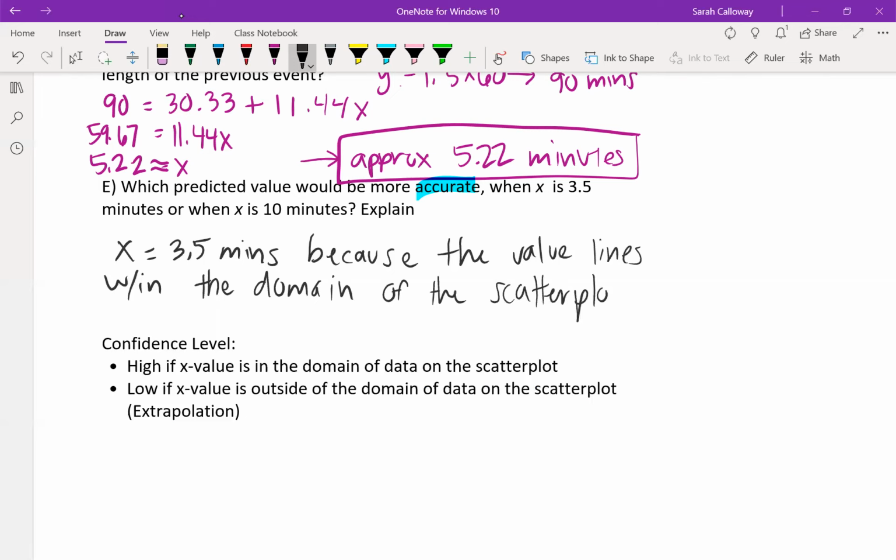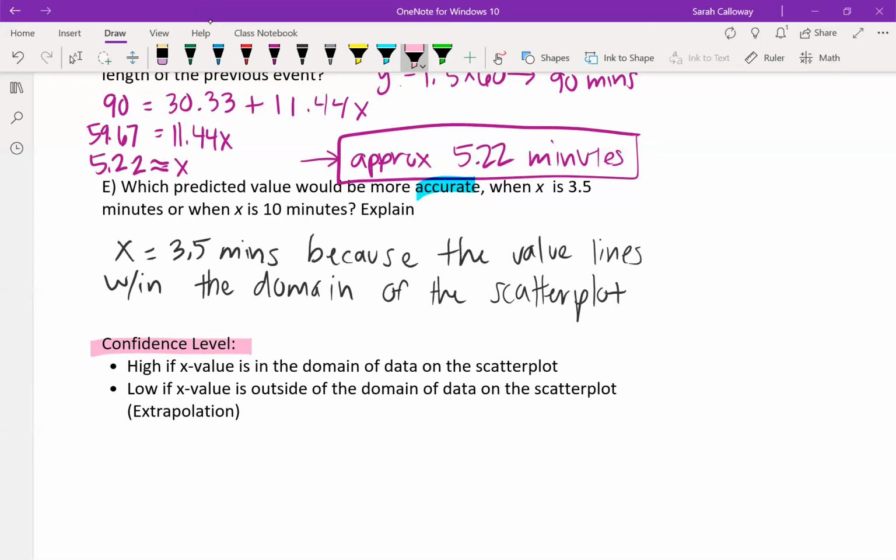What this is regarding is our confidence level in the output value, in our predicted value. So I'm highly confident in my answer if my x value is in the domain. So I'm confident that I can predict the number of minutes between two events if my x value is 3.5.